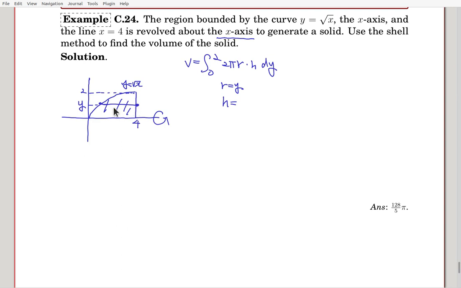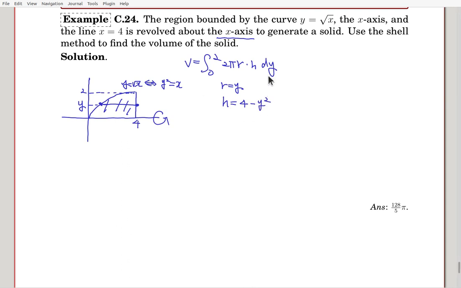Now this is the x-directional length. That is basically y squared equals x, from this x to this x, and that is the length. So that is exactly 4 minus, and here x is the same as y squared.